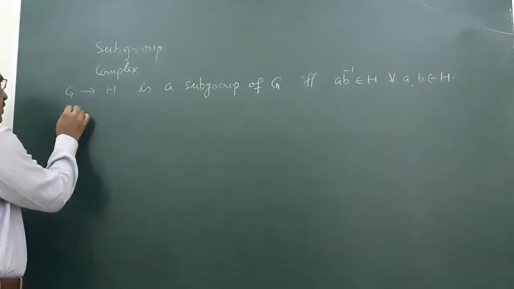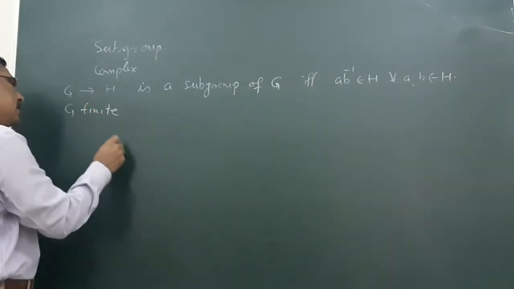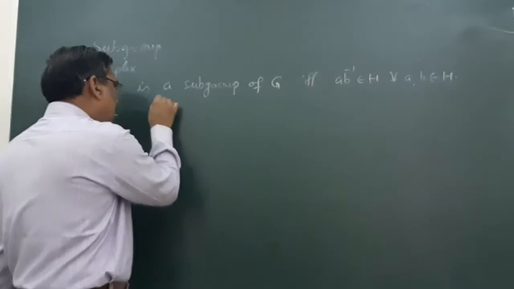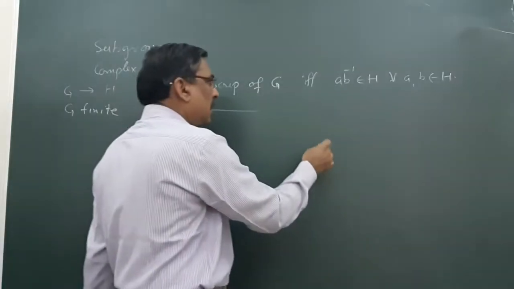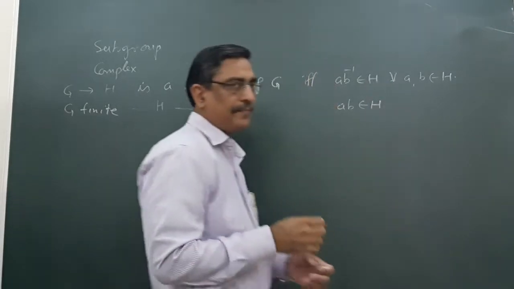But if G is finite, then we can say straightforwardly that H is a subgroup of G if and only if ab belongs to H. This was the theorem.